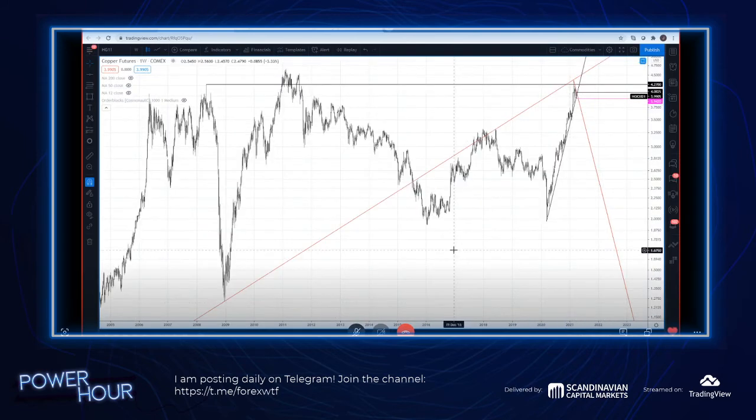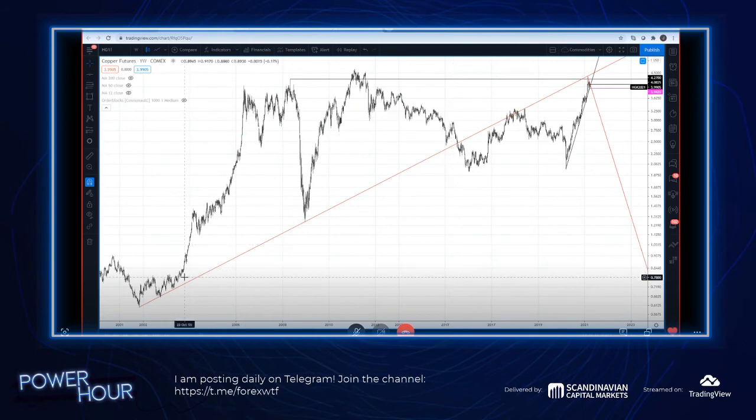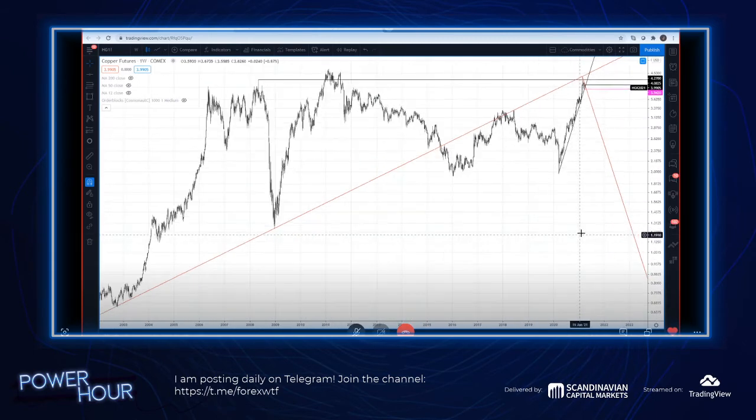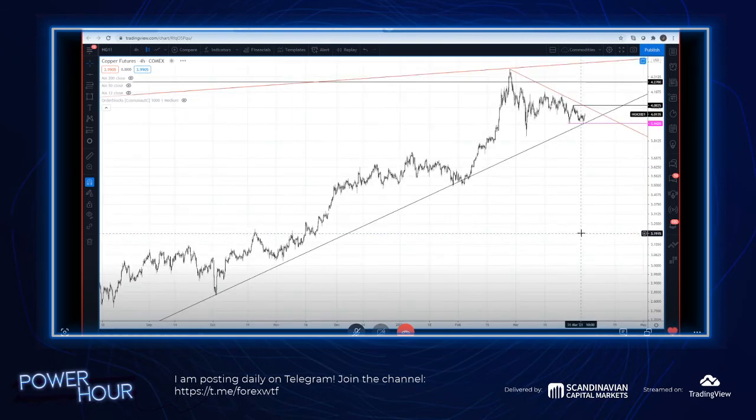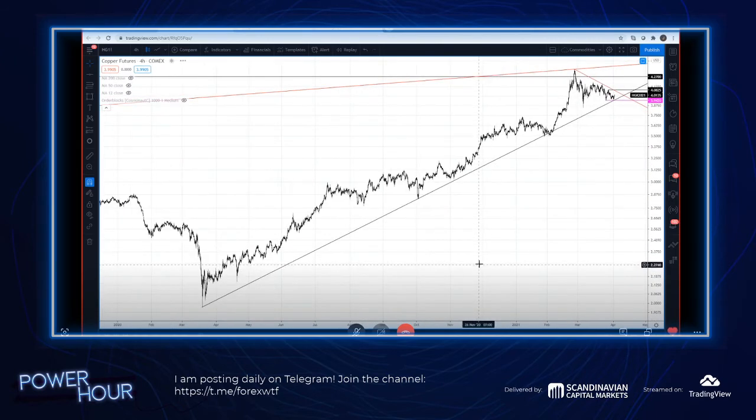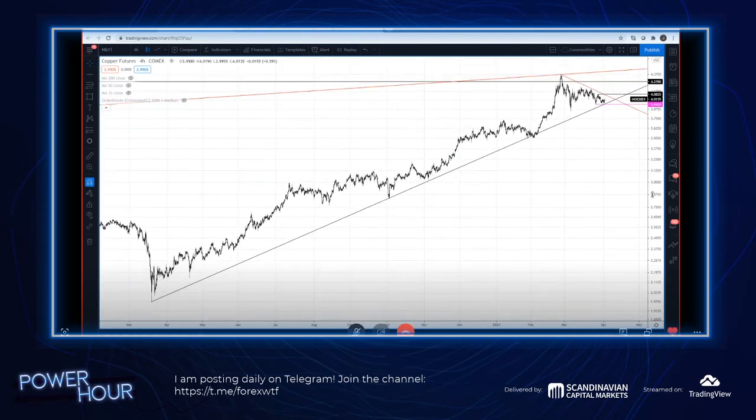So the two legs of that, right? Copper divided by gold. So this is the copper chart. Again, huge resistance that we came into. This is a shorter term chart. You can see that we are sitting on a massive shelf.